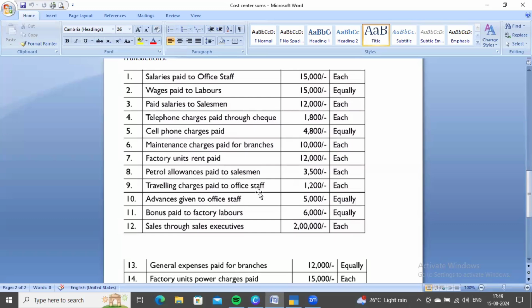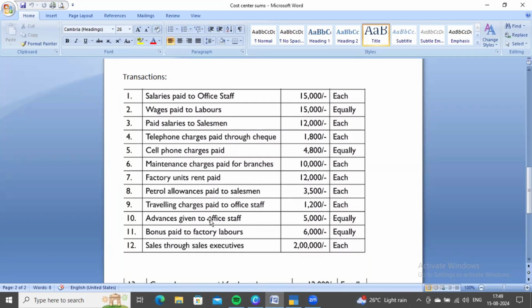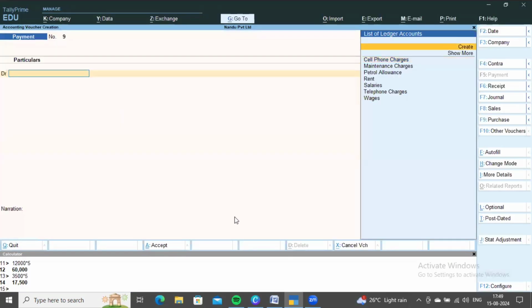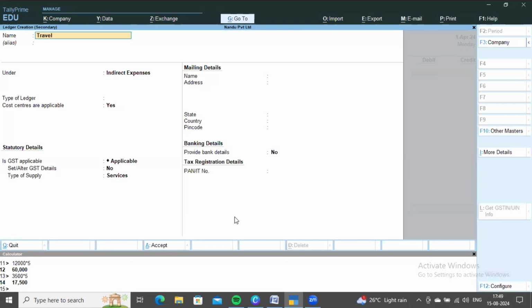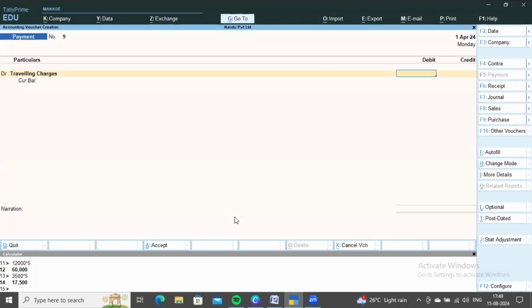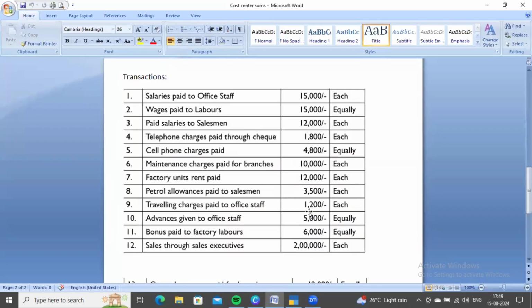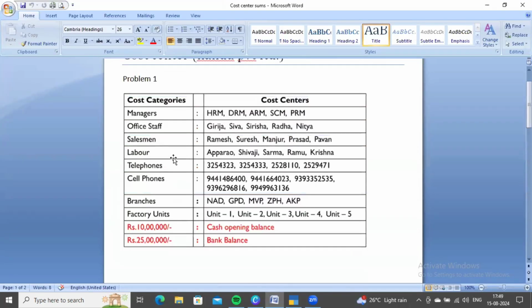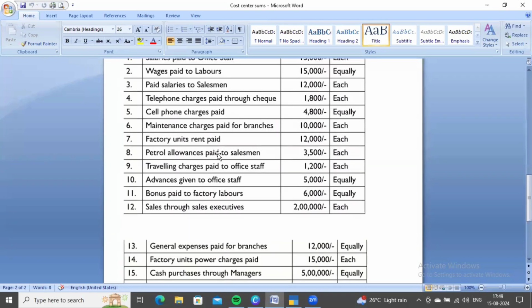Next, traveling charges paid to office staff. So you need to create traveling charges ledger account. That comes under indirect expenses and the total amount is 1,200 each. How many members are there under office staff category? 5 members, right? So you are paying 1,200 each.